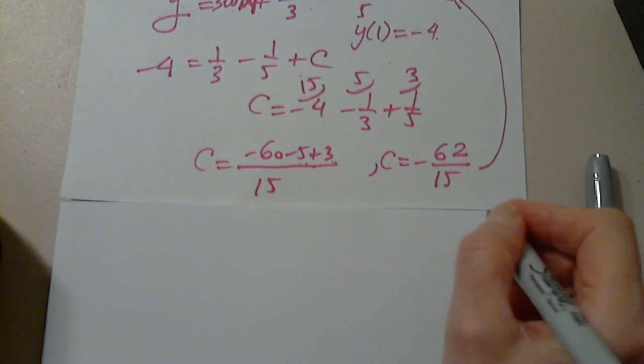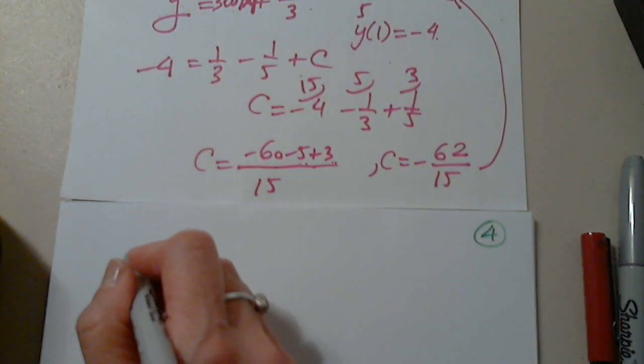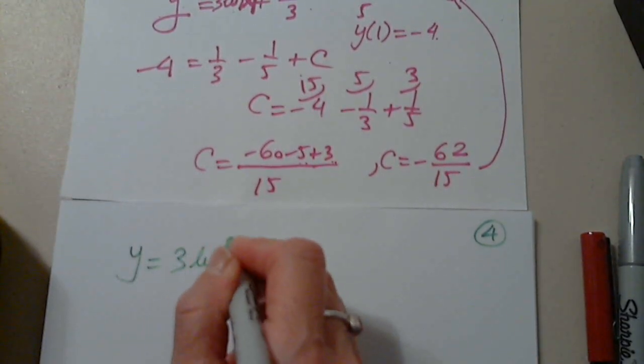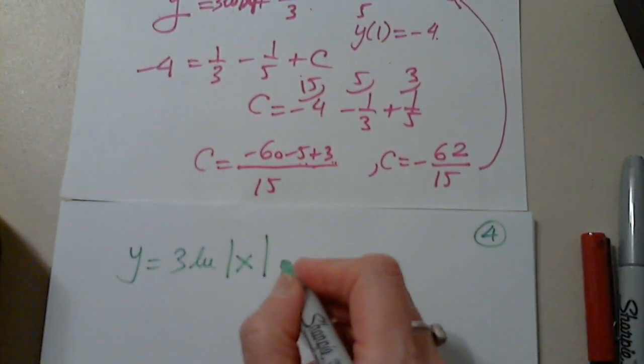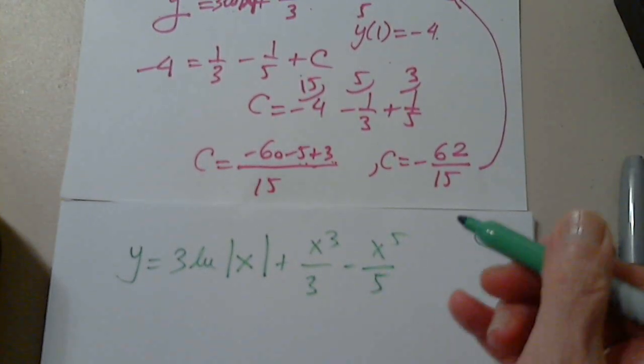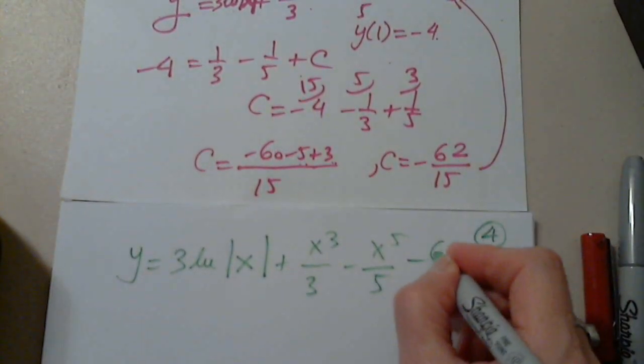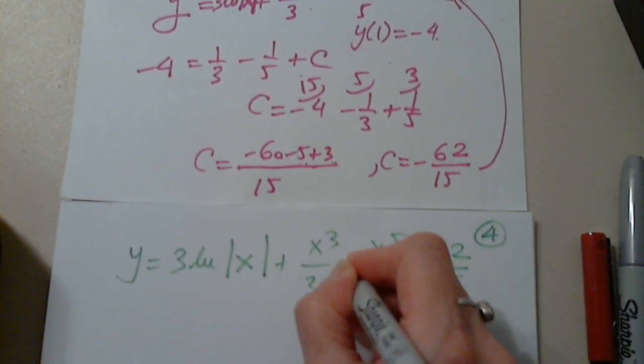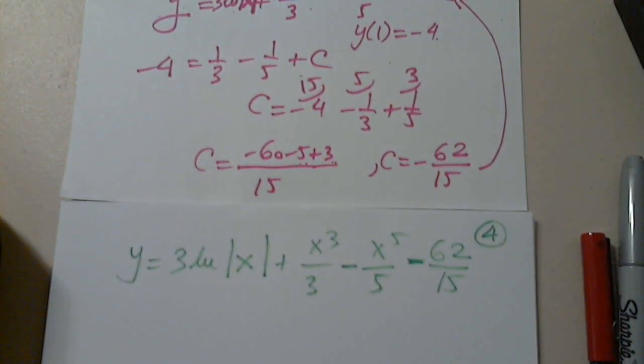Of course, more work. So then we have y equals 3 natural log of the absolute value of x plus x to the third over 3 minus x to the fifth over 5 minus 62 divided by 15. And this is it. Nothing is different from chapter 4.